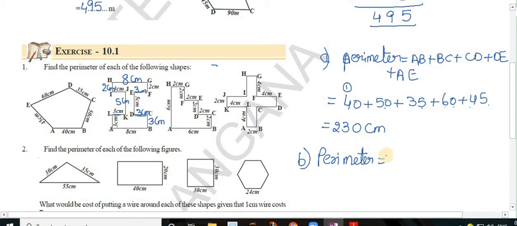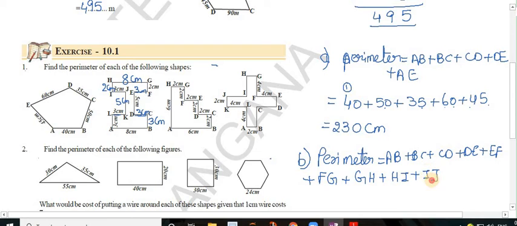So now we will start finding this. AB plus BC plus CD plus DE plus EF plus FG plus GH plus HI plus IJ plus JK plus KL plus LA. Now we are going to write answers for this.